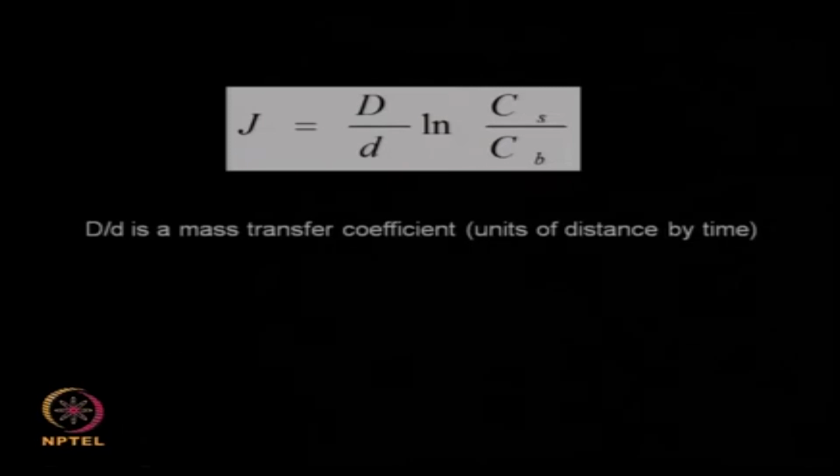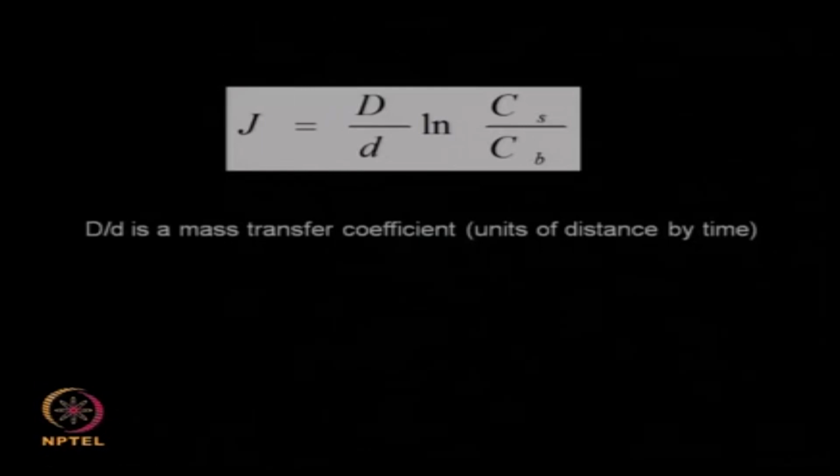This D by d is called the mass transfer coefficient, and it will have units of distance by time. So we have an equation which tells you the flux of the solute is a function of the mass transfer coefficient and the logarithm of the concentration near the surface of the membrane divided by the concentration of the solute in the bulk region.